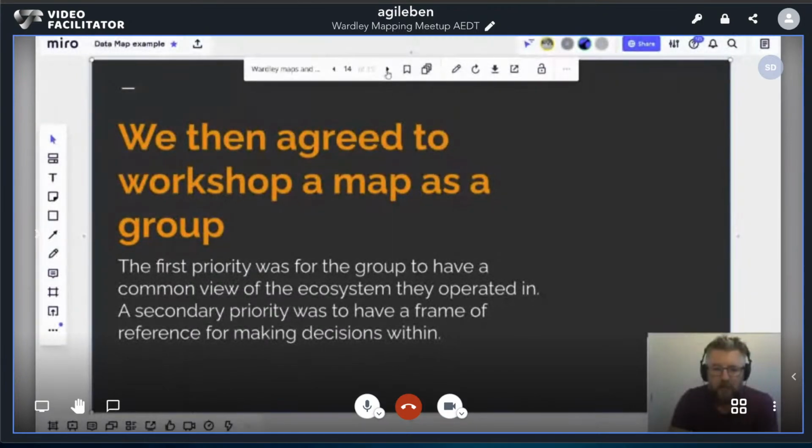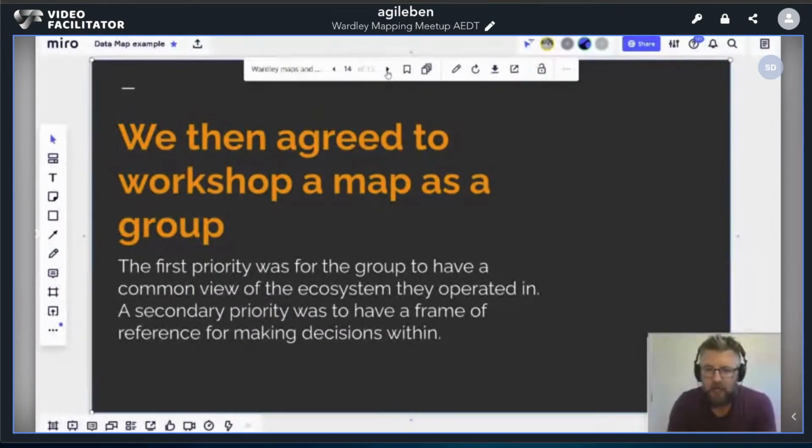And probably just from a priorities point of view, it was actually this buy-in and shared view of where things were at, because in the group, that was probably our top priority. The second priority was then, could we build upon that to have a frame of reference for making decisions within? Okay.